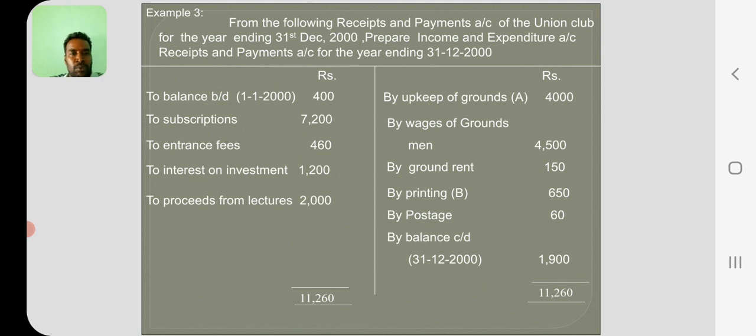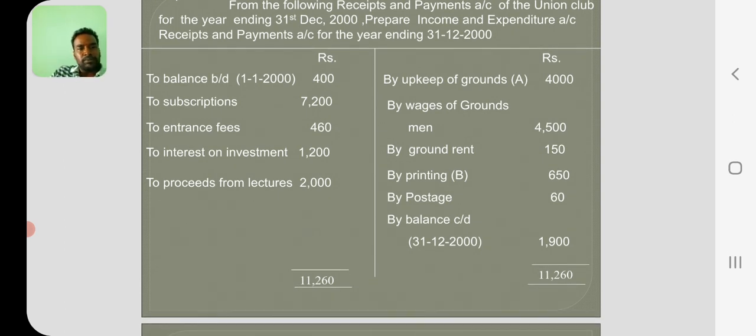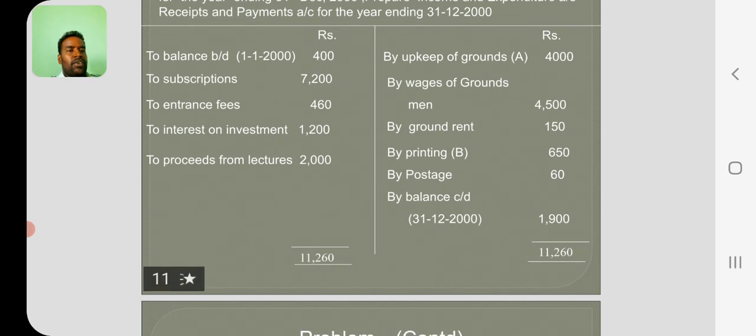To balance brought down, means opening balance, 1/1/2000, 2400, to subscriptions 7200, to entrance fee 460, to interest on investment 1200, to proceeds from lectures 2000, by upkeep of grounds 4000, by wages of groundsmen 4500, by ground rent 150, by printing 650, postage 60, by balance carried down 31/12/2000 1900, total is 11,260.